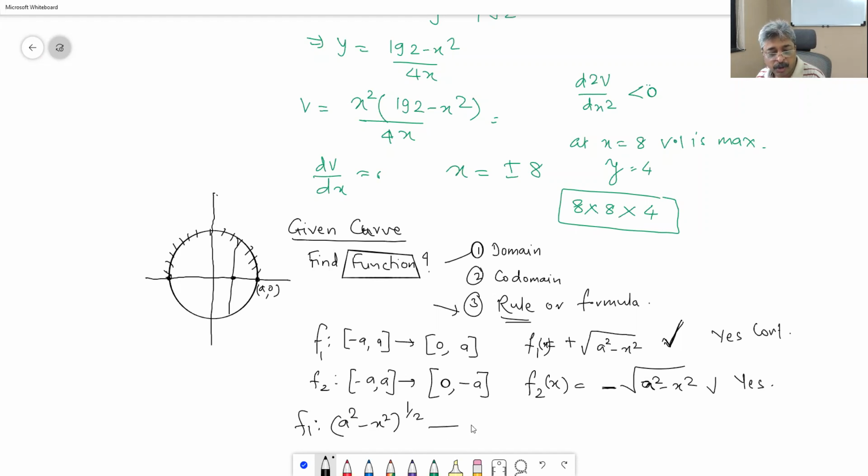So it is a composition of polynomial, first inside the bracket is a polynomial, followed by nth root function, where n is equal to 2 in this case. So nth root function on that domain is continuous and polynomial function on that domain is also continuous. Therefore, the given f1 is continuous.